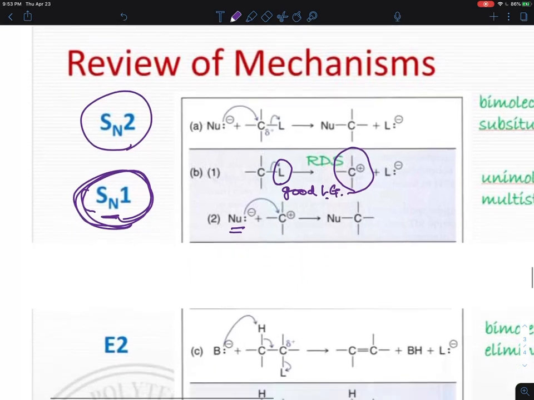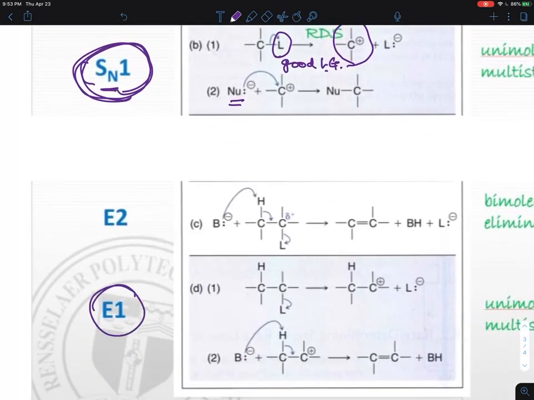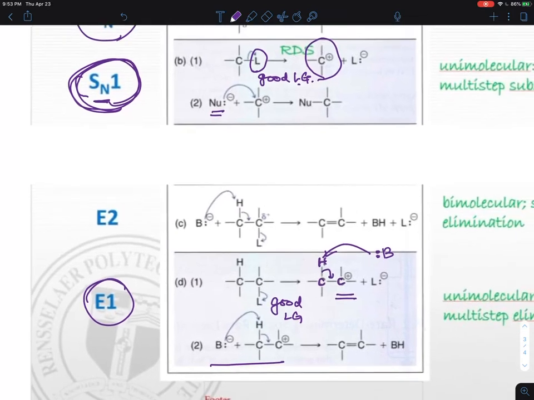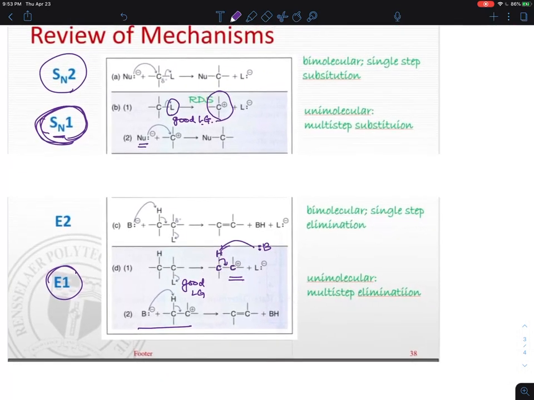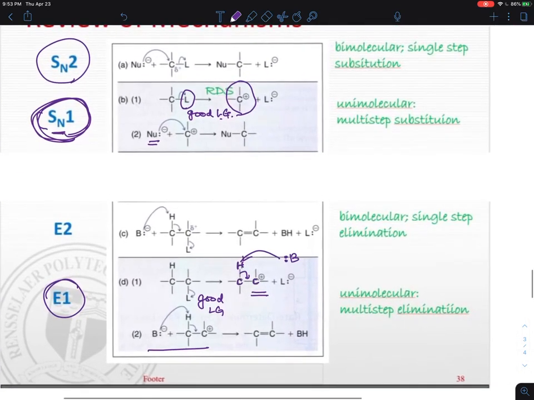It is the same here with E1: the leaving group is a good leaving group and makes the carbocation, and then the base looks for a hydrogen on the carbocation's neighboring carbon and takes this H plus away. Therefore this one forms the double bond, which is shown in this step. So the unimolecular nature has to do with the leaving group being more important.